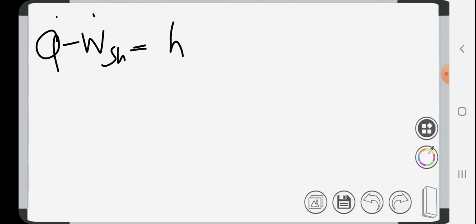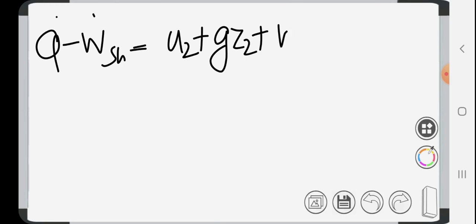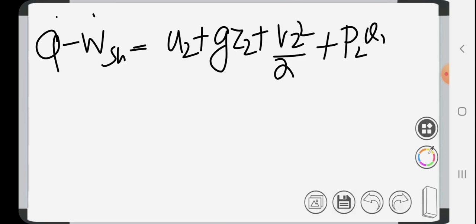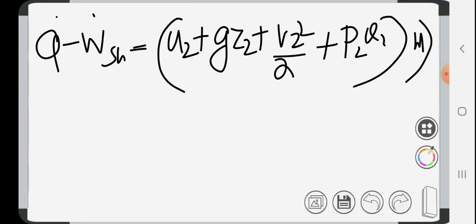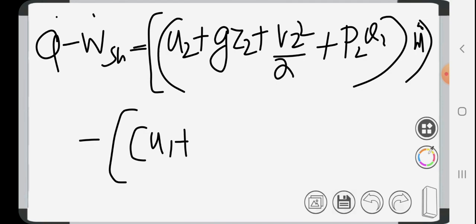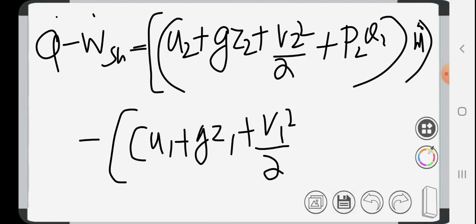So this will become Q dot minus shaft work equal to, out means, (u2 plus gz2 plus V2 square by 2 plus P2 V2) into m dot, you need m dot here, minus (u1 plus gz1 plus V1 square by 2 plus P1 V1) into m dot.